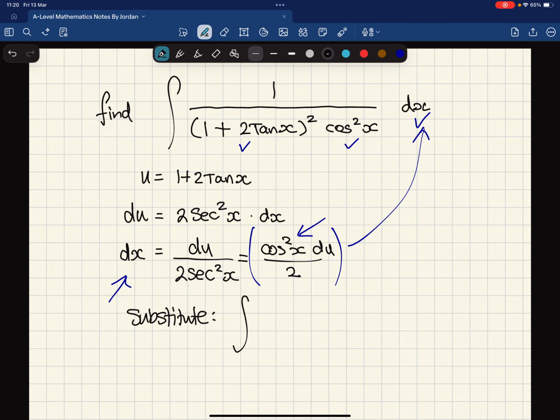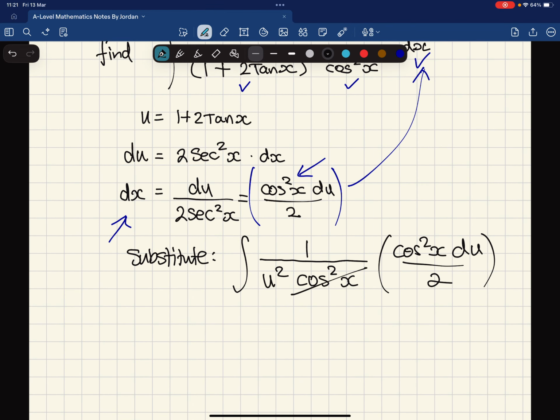So remember, u is 1 plus 2 tan x, so this is just going to be u squared. And then we have cos squared x there at the bottom still. We have the 1 at the top. And subbing in for dx, we have cos squared x du over 2.